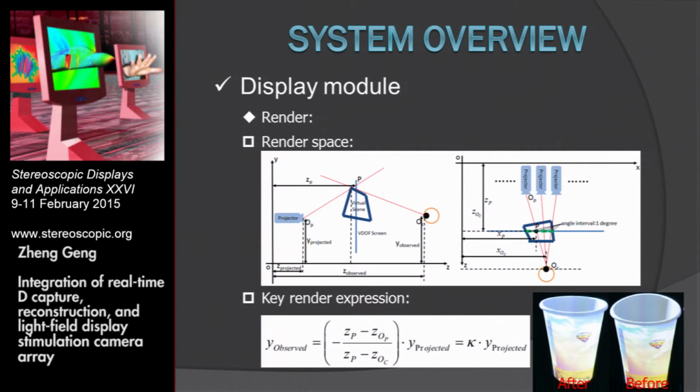And this is the render module. As has been shown before, the VDOF has its mathematical model, and according to it, we can remap the pictures.